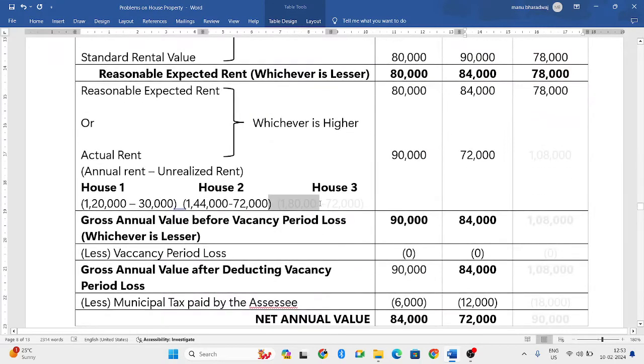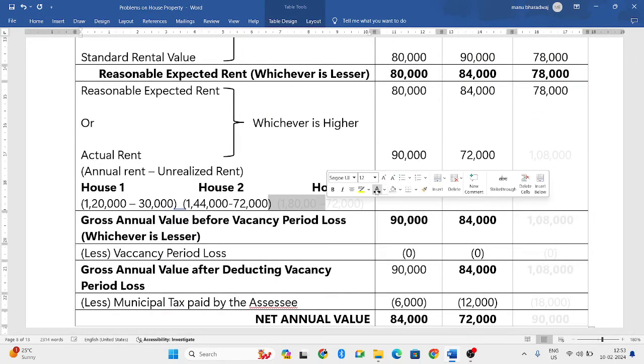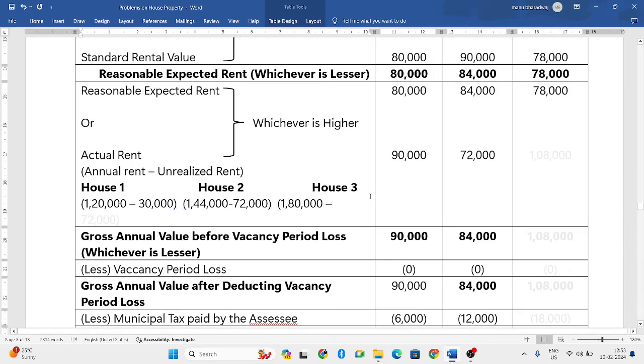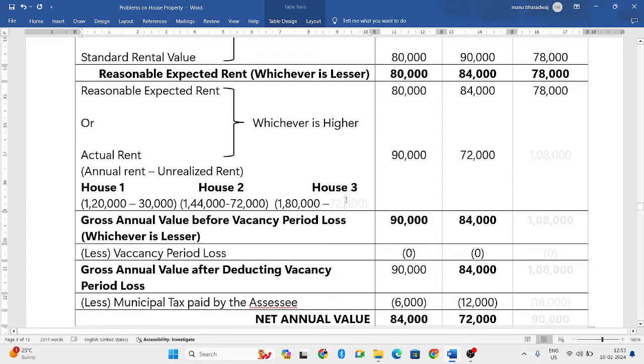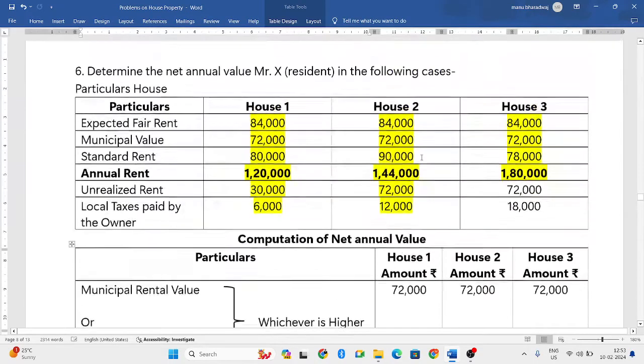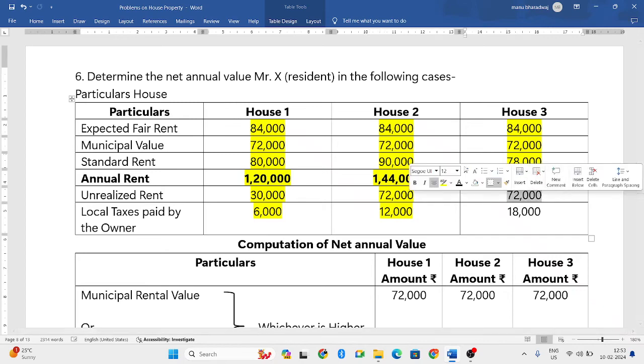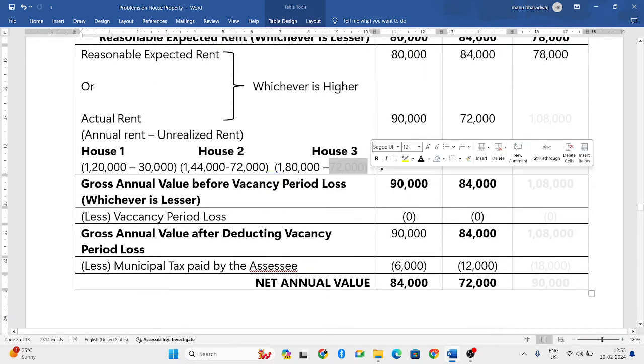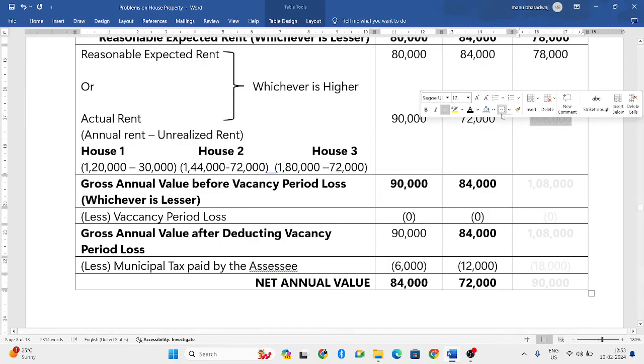From this annual rent, I have to subtract the unrealized rent. Unrealized rent is 72,000. So I'll subtract that 72,000 from 1,80,000. The remaining balance will be 1,08,000.